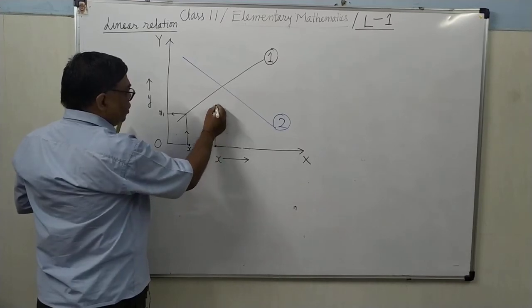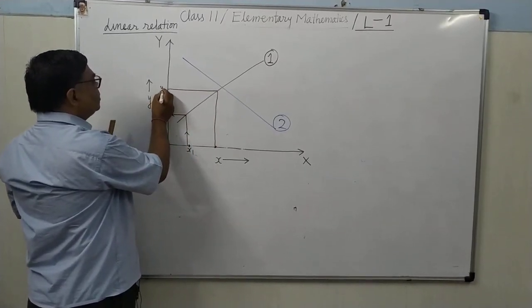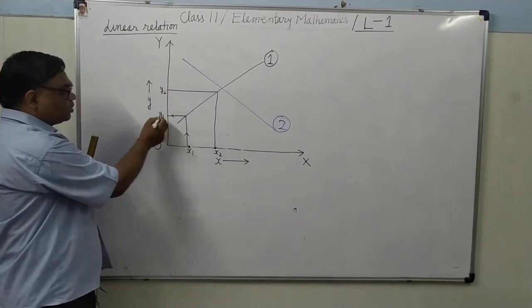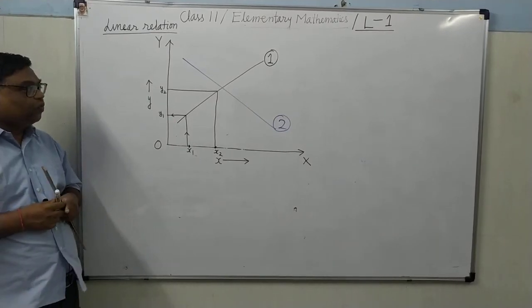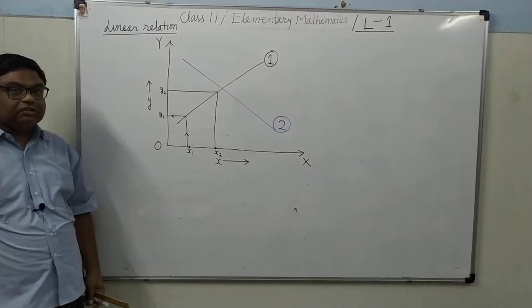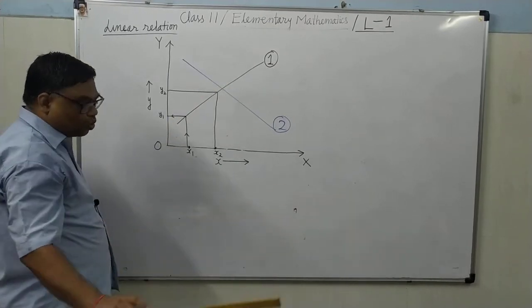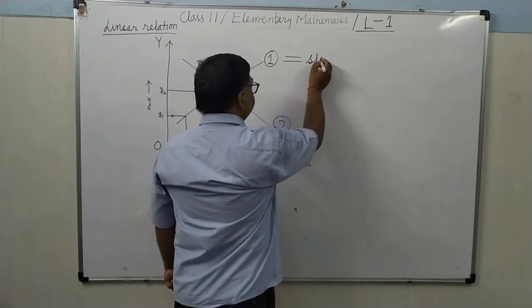Then for this value of x, you see the value of y. As x increases from x1 to x2, the value of y also increases from y1 to y2. Therefore, graph 1 is sloping up.